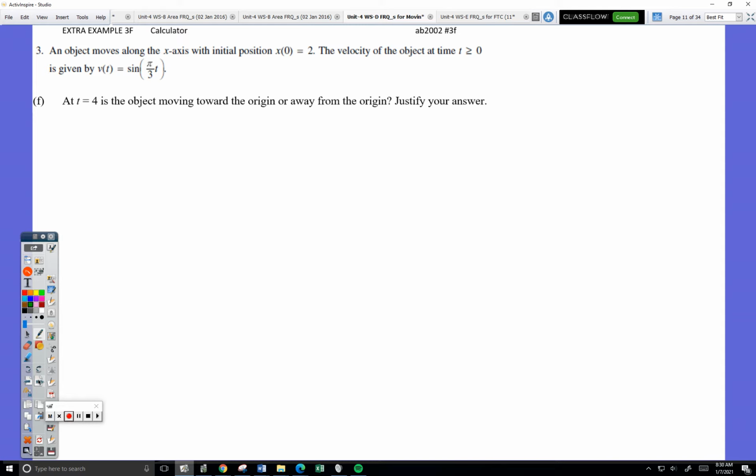Last year was an exception. They wrote some brand new kind of weird tests for COVID. Anyway, whatever you do anywhere on the page is considered one big problem. So if I do some computation here and I need that number here, I can just use it. I don't have to restate anything. Is that what you meant? Yeah. Perfect. There we go.